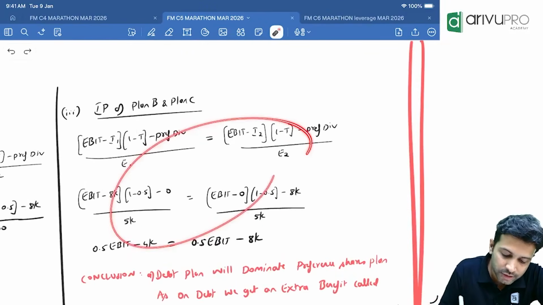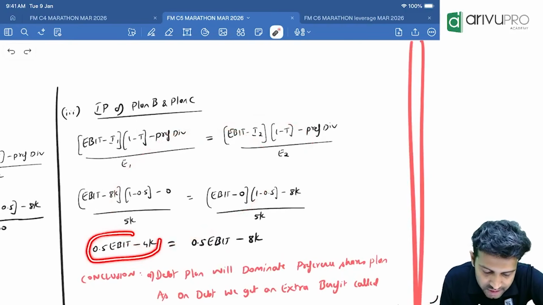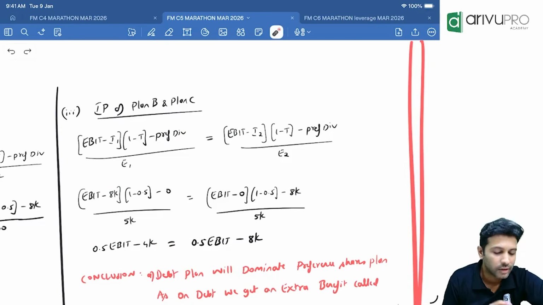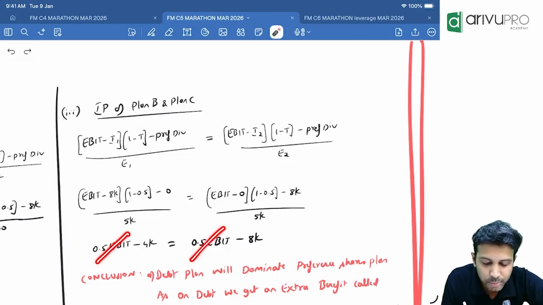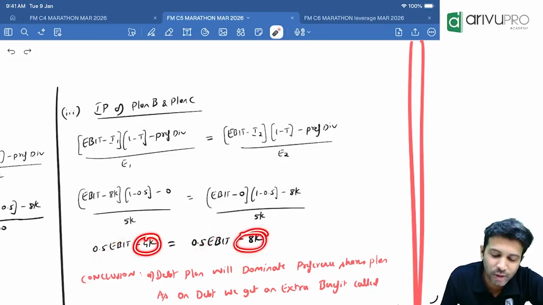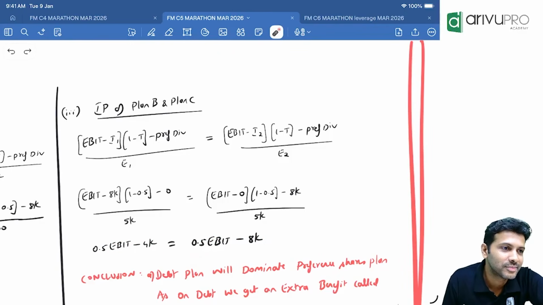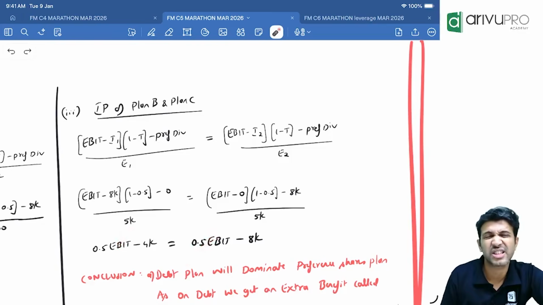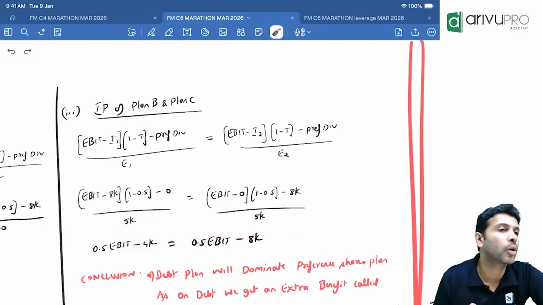When you solve this equation, you will get this on the LHS and this on the RHS. This 0.5 EBIT and this 0.5 EBIT will get nullified. That means you will get negative 4,000 equal to negative 8,000. The EBIT is getting nullified. That's what they said: if you are not able to find EBIT, that means one plan is dominating the other.